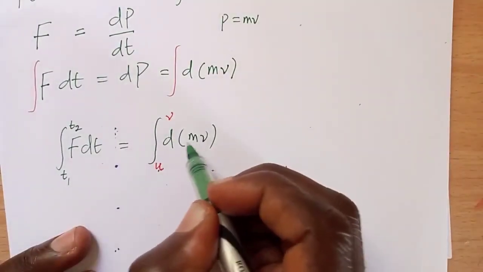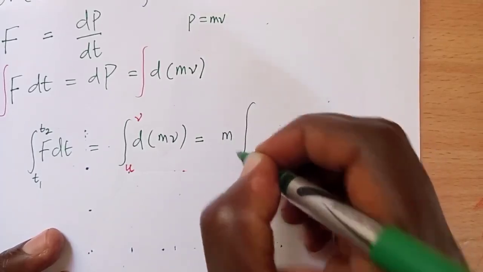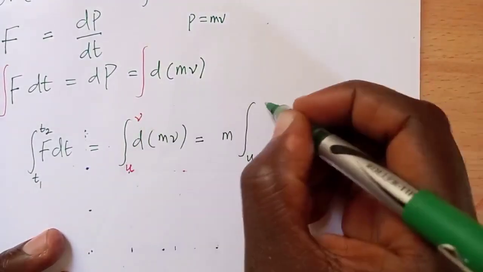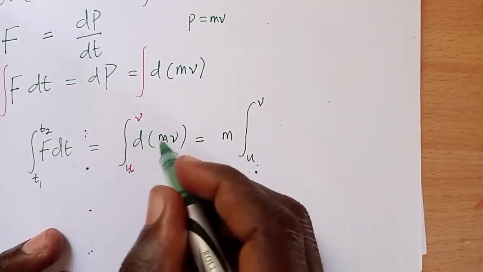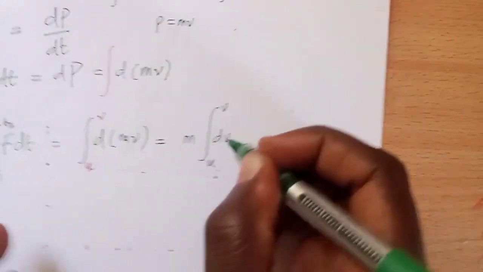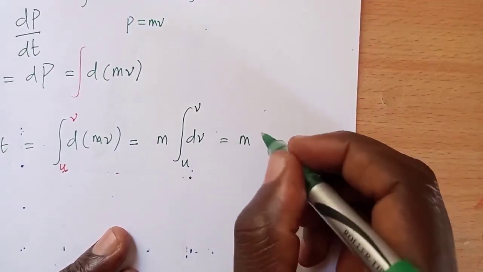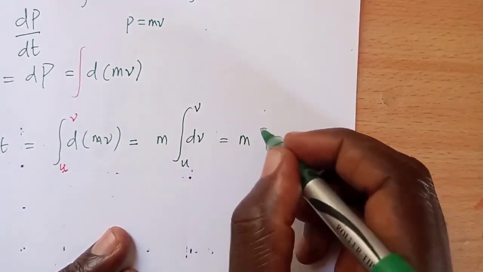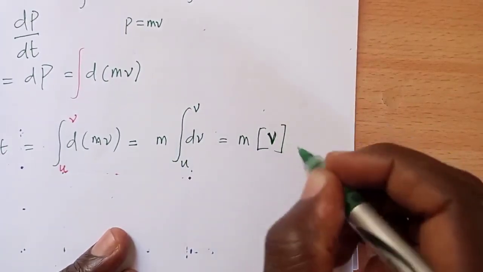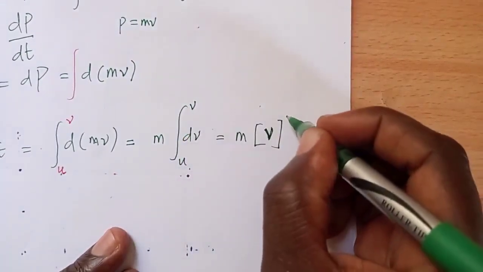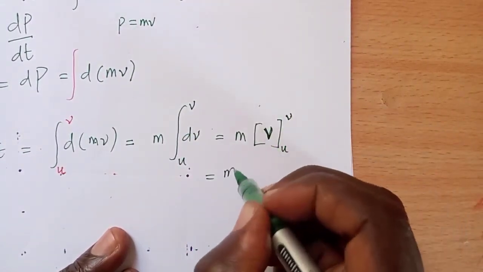Since m is a constant, we can take it out of the integral. Then I have u as the lower limit and v as the upper limit, and inside it, since I have taken m out, I will have dv. So this is equal to m times the integral of dv, which is just v, evaluated from u to v.